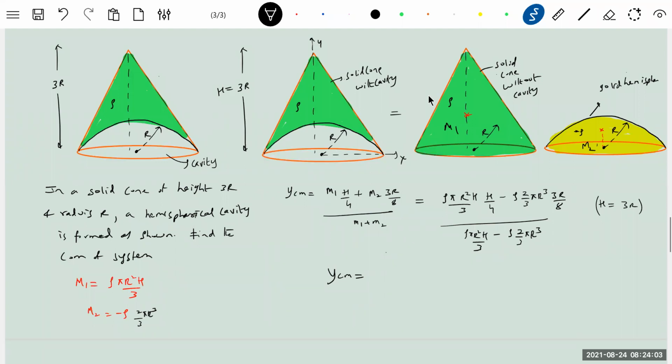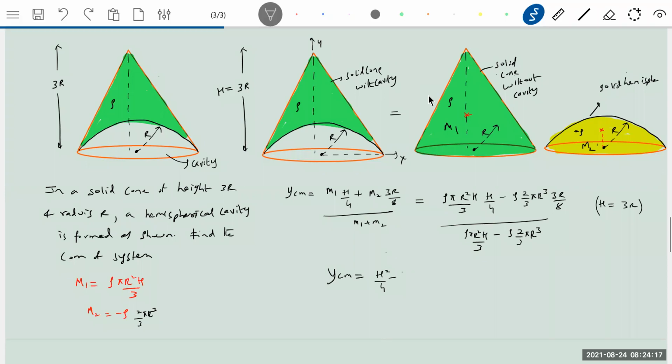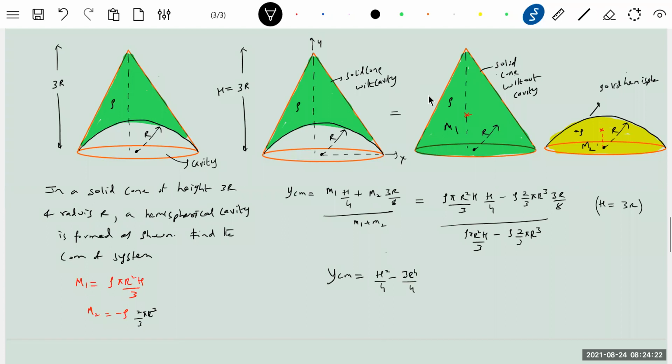So I'll be left over with h square by 4 minus 3r cube, divided by rho pi r square.